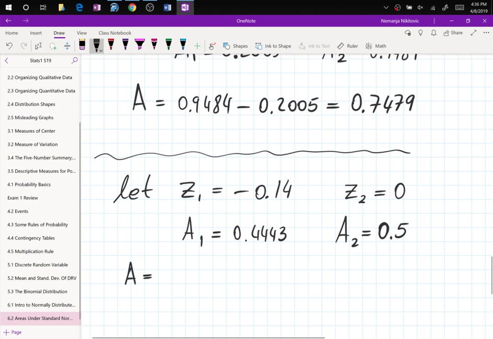That's the mean of the chart. So it has exactly half area to the left and half area to the right, so it's 0.5. So now when you subtract this, 0.5 minus 0.4443, you'll get 0.0007. No, I lied. 0.0557.